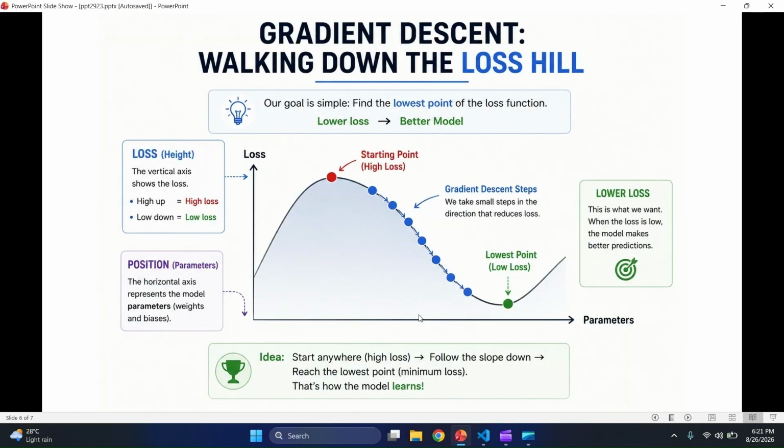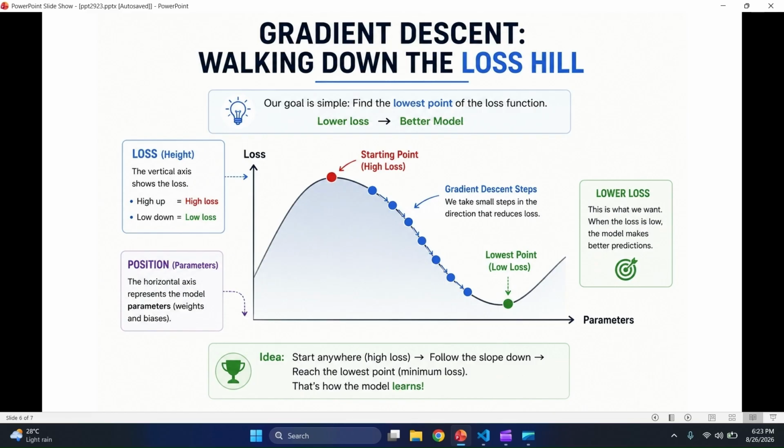Okay, so now we have the gradients, but the question is, what do we actually do with them? We use them to update the parameters, and this is the basic idea behind gradient descent. I found the hill analogy pretty useful here. Imagine this is a hill, and the height of the hill represents the loss. We start somewhere over here, and we want to move toward the lowest point.